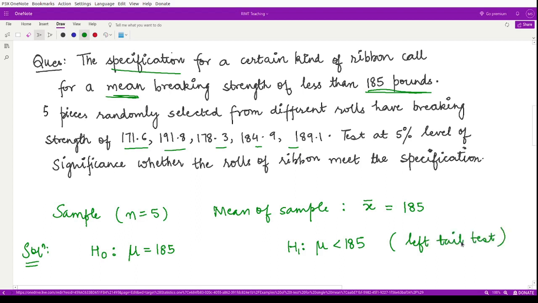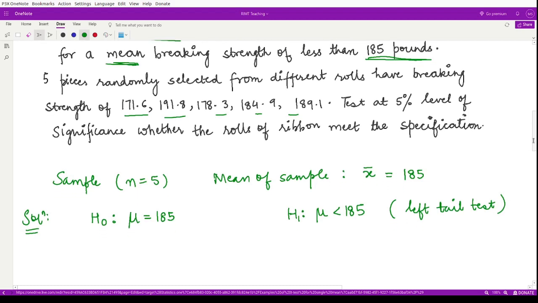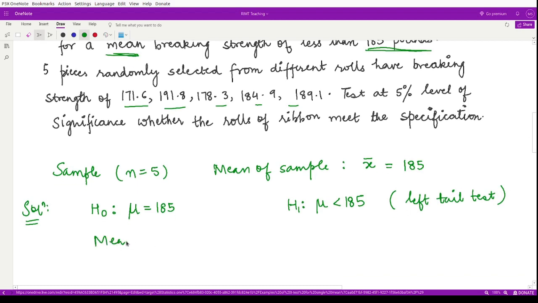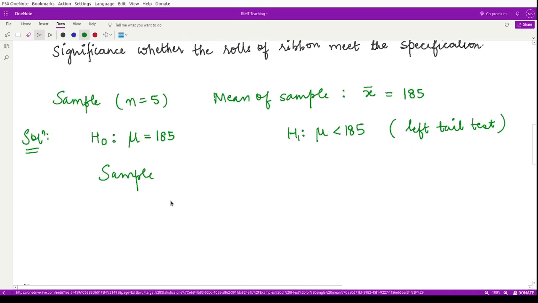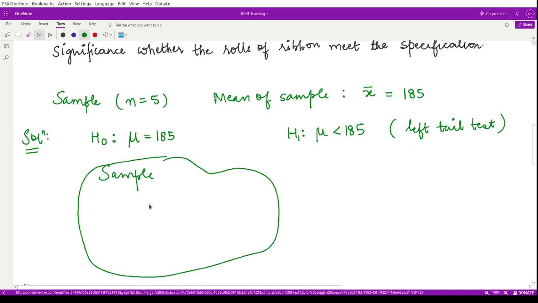Here the mean of the sample is not directly given to you. So first of all, let me write down the sample. Your sample consists of the data points 171.6, 191.8, 178.3, 184.9, and 189.1.